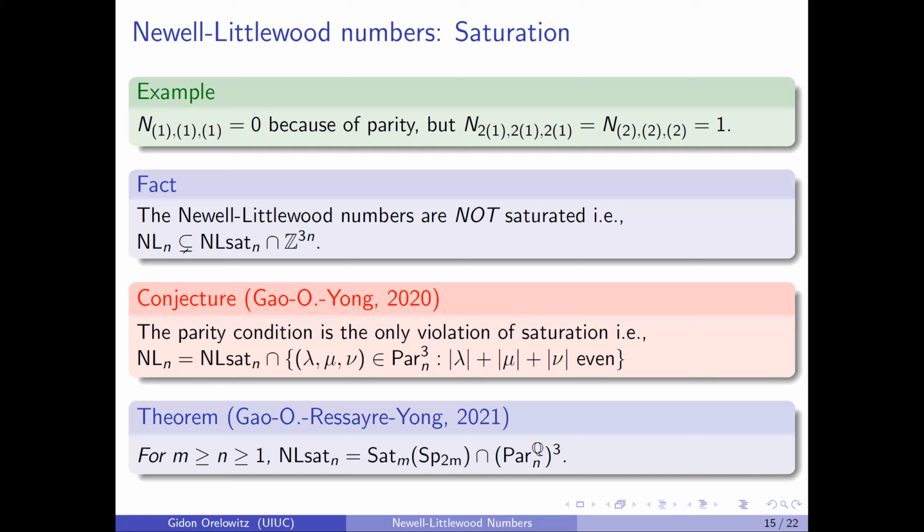However, we have been able to prove, myself and my co-authors, this interesting statement about the saturated Newell-Littlewood cone, in that it agrees with the saturated symplectic cone for M. And this statement might seem obvious. I mean, we defined these Newell-Littlewood numbers in terms of the stable range for the Sp(2M), and in fact all of the other classical groups, that's the whole reason we're doing this. But the key phrase here is that M is greater than or equal to N, not 2N.